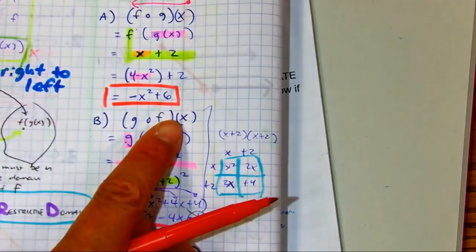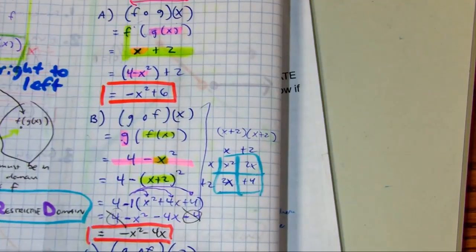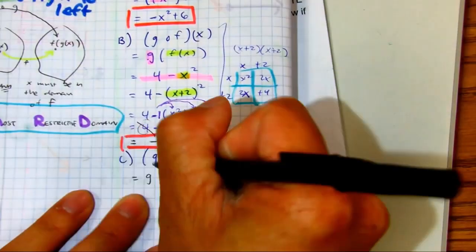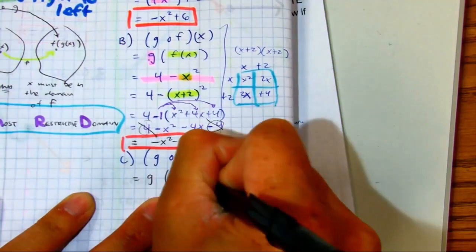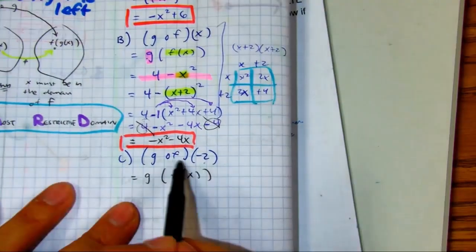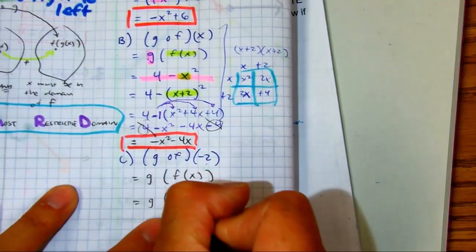Okay, last one. G of f of -2. Let's write that. G of f of x. But really what they want us to do is, instead of just leaving this as x, you're going to put a -2.